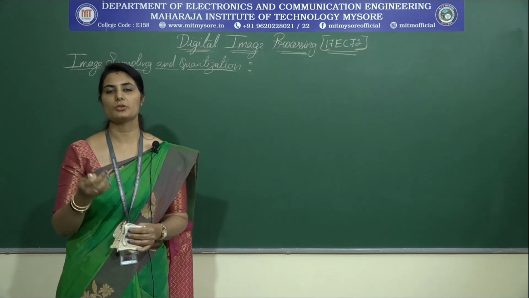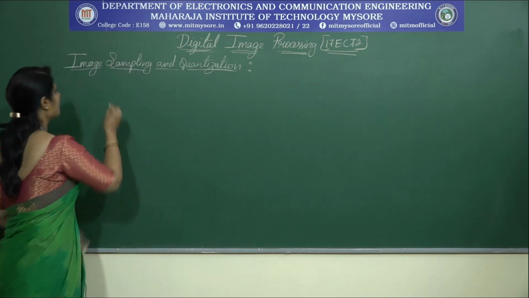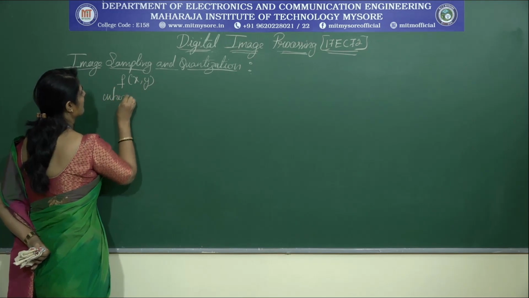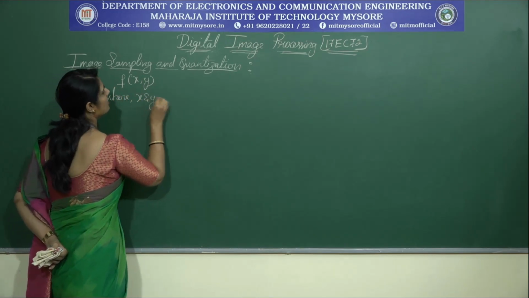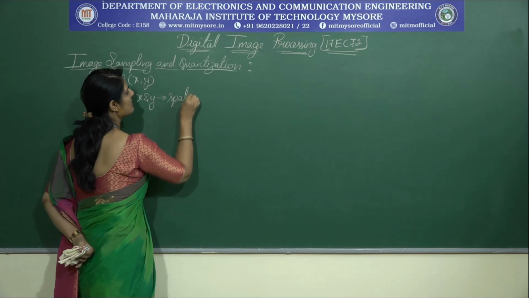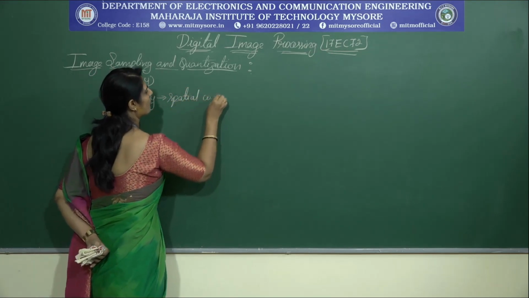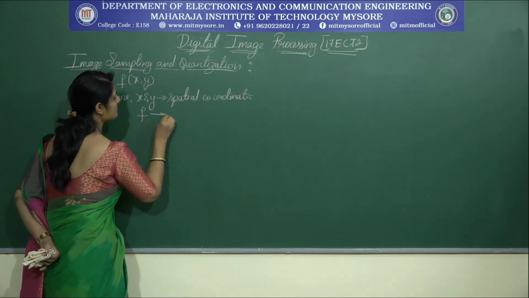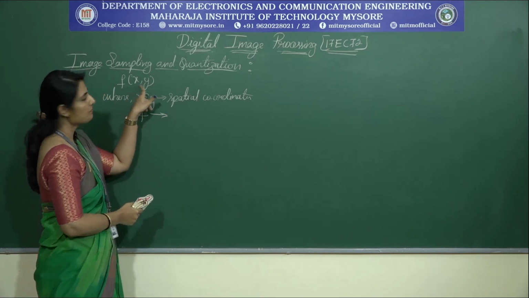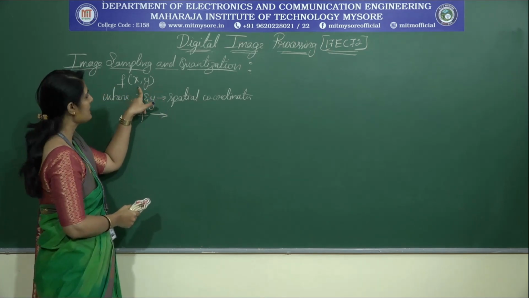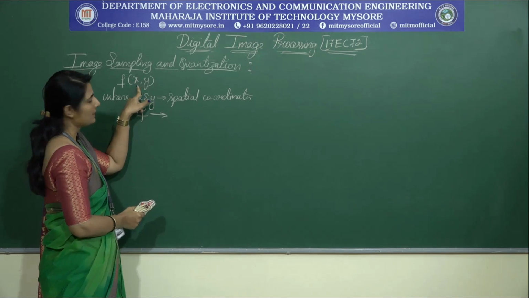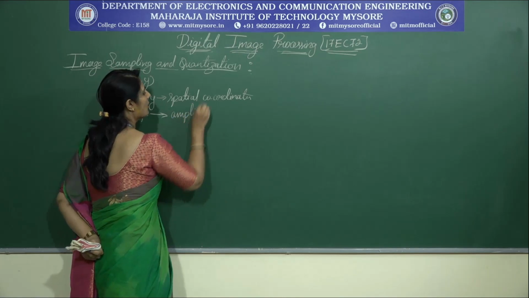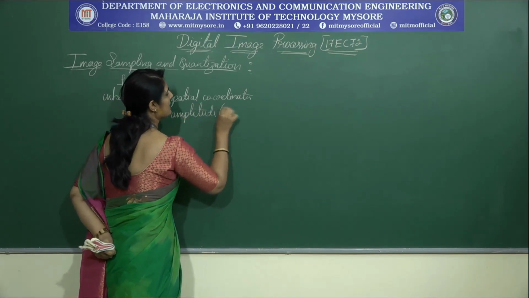An image is a two-dimensional function f of x comma y, where x and y are spatial coordinates, and f, the amplitude at any pair of coordinates, represents the intensity level or gray level of an image at that particular point.